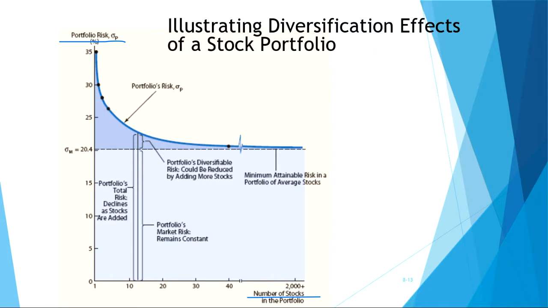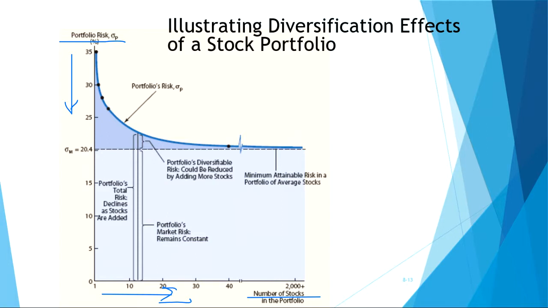While you are adding new stocks to your portfolio, sorry for drawing, your risk starts to decrease. You see, approximately 40 stocks is the limit, because after 40 stocks, the effect is negligible.